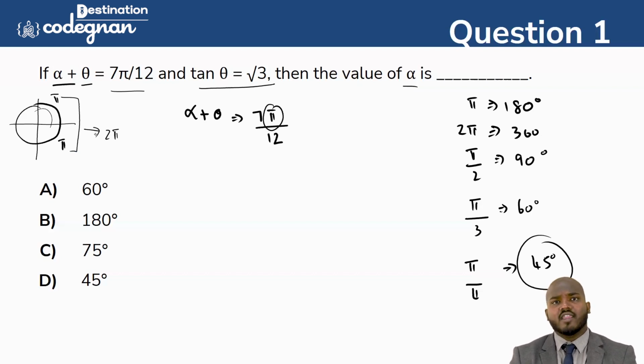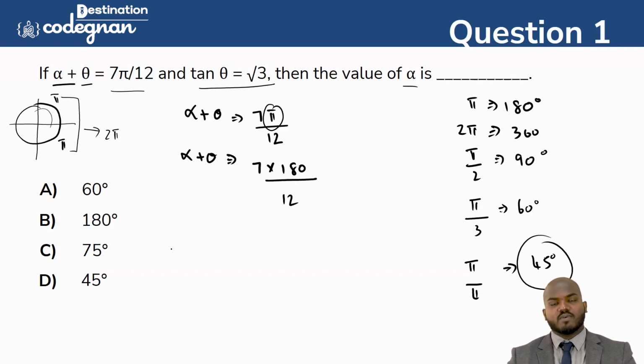You don't have to directly give the value 360 here, instead you can use the value of pi. So alpha plus theta is equal to 7 times 180 degree over 12.